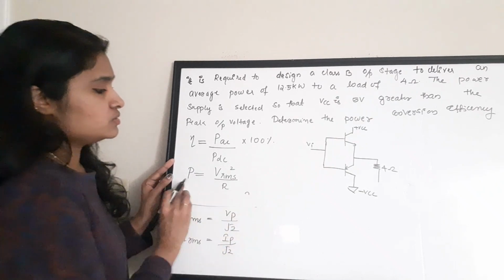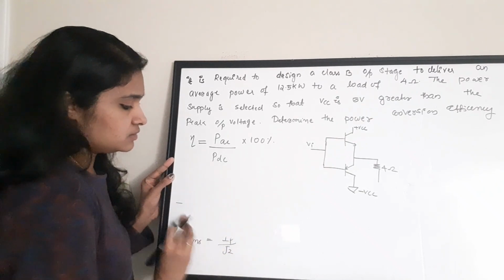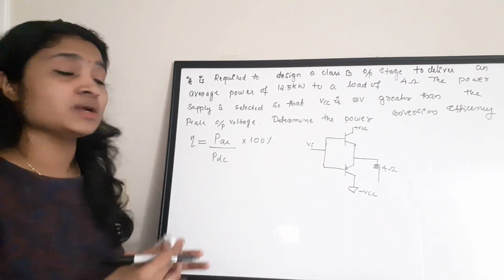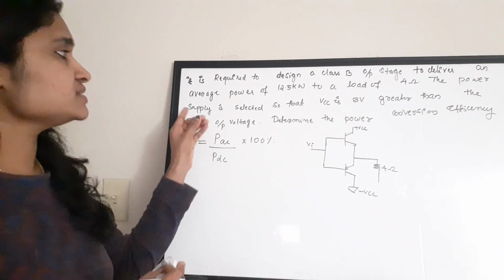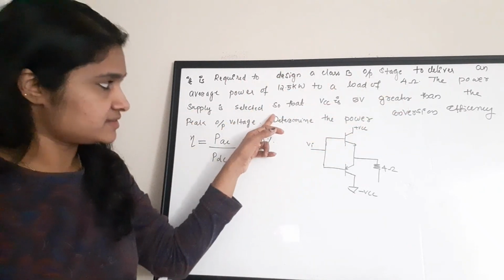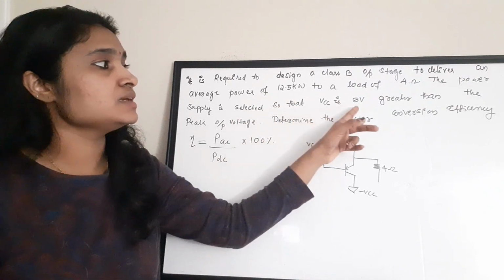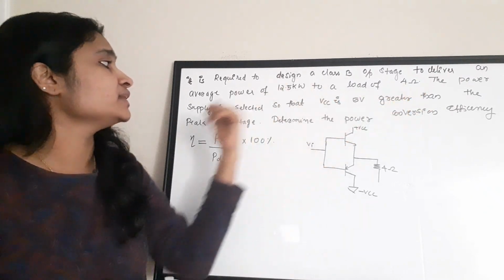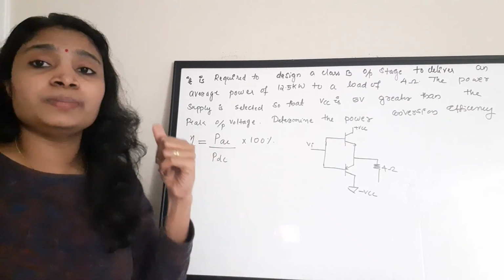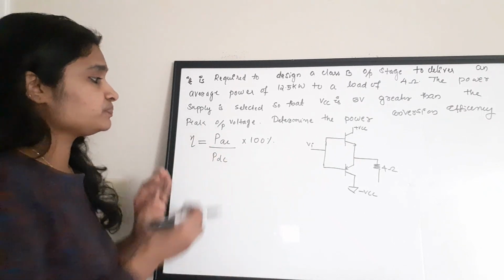Okay, so let us start doing the question. First we need to select the VCC. For that we need to find the peak value, because it is given in the question that the power supply is selected so that VCC is 5 volt greater than the peak output voltage. So first we need to find the peak value of output voltage.